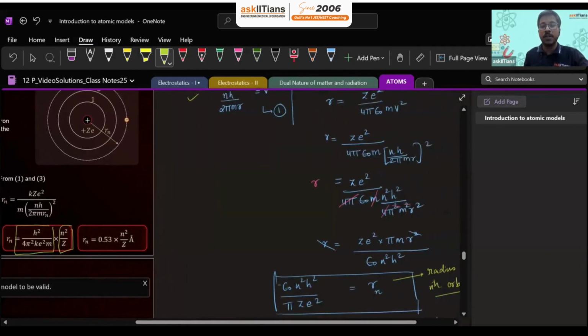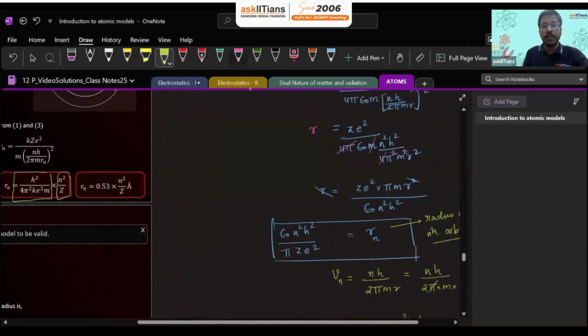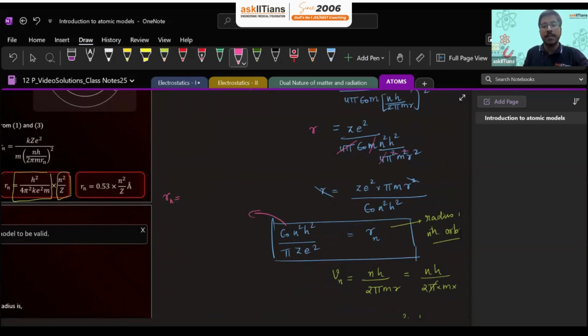So in this expression, Rn is equal to epsilon naught h square by pi e square, multiplied by n square by z.